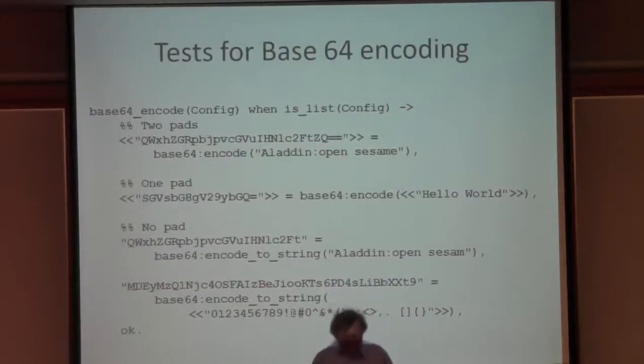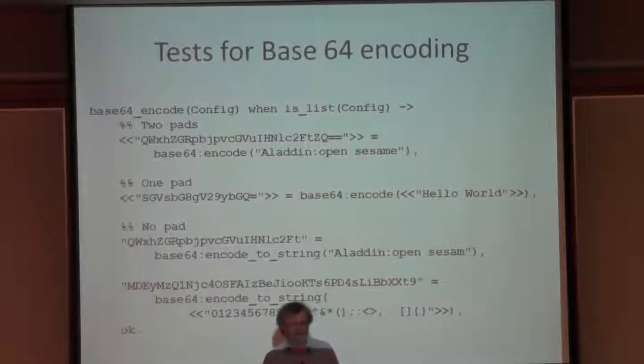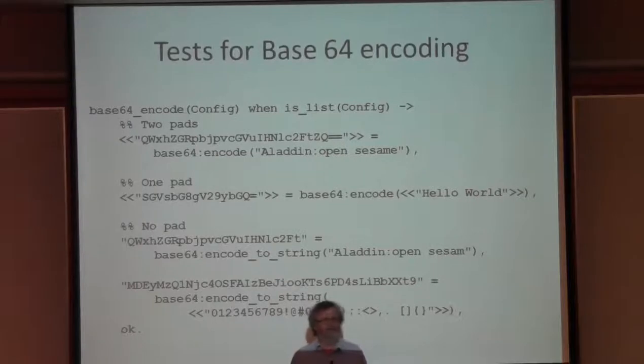So let's look a bit more closely at what happens when you start writing properties for real code. This is part of a real test suite. It's for the base64 encoding that comes as part of the Erlang distribution. Who remembers base64 encoding? Good Lord.